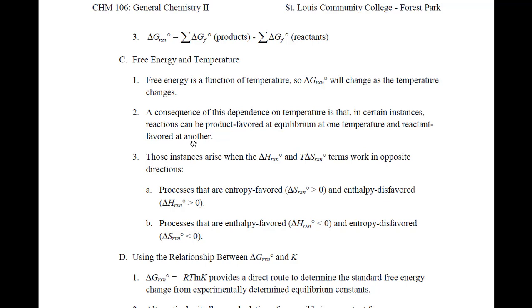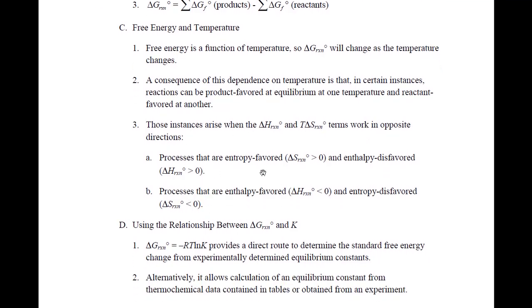But yeah, by changing the temperature, you can change it from spontaneous to non-spontaneous. And those instances arise when the enthalpy and the T delta S terms work in opposite directions. So an example of this is processes that are entropy favored and enthalpy disfavored, and things that are enthalpy favored and entropy disfavored.